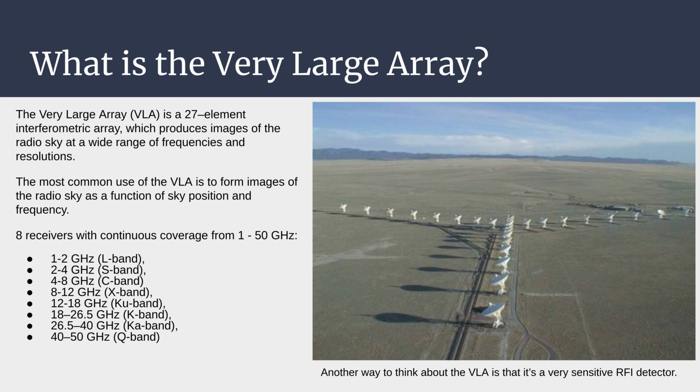The most common mode of observing will use these data to form images of the radio sky as a function of sky position and frequency. There are 8 receivers with continuous coverage from 1 to 150 gigahertz on the VLA. And another way to think about the VLA is that it's a very sensitive RFI detector.